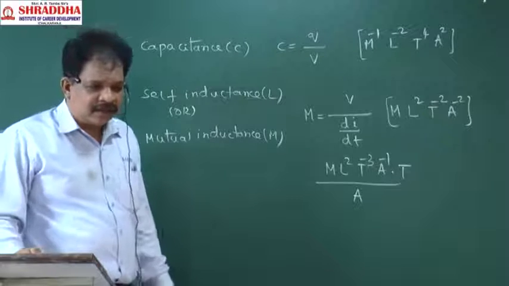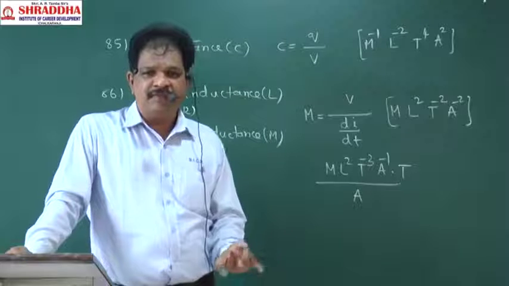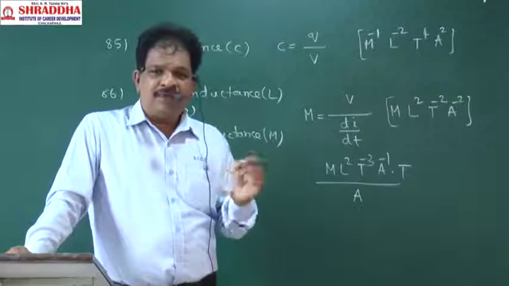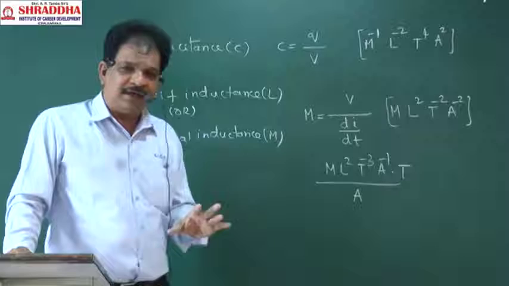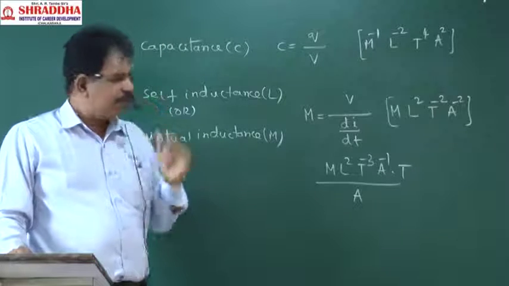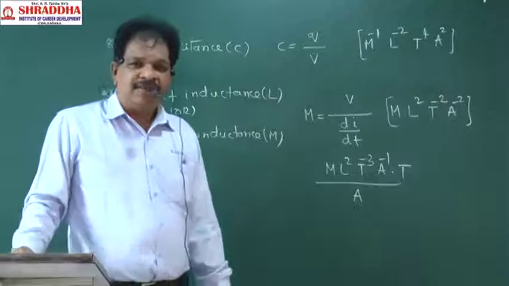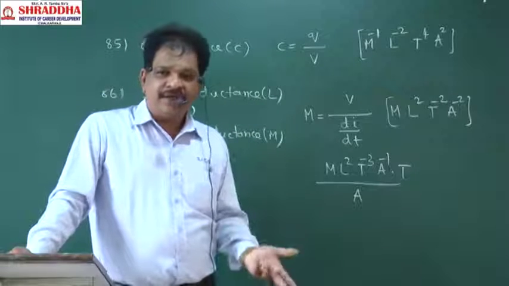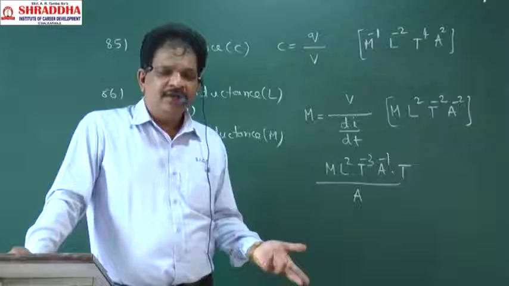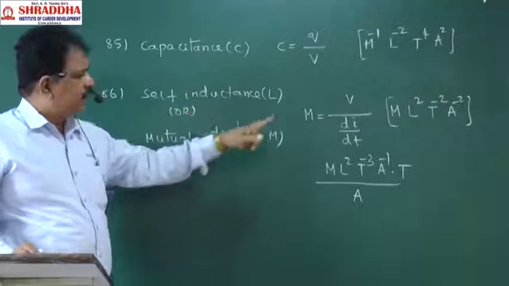So if the current flowing through a coil suddenly changes, that coil will oppose that change, either decrease or increase. That property is called self-induction. The coefficient of self-induction is called self-inductance.